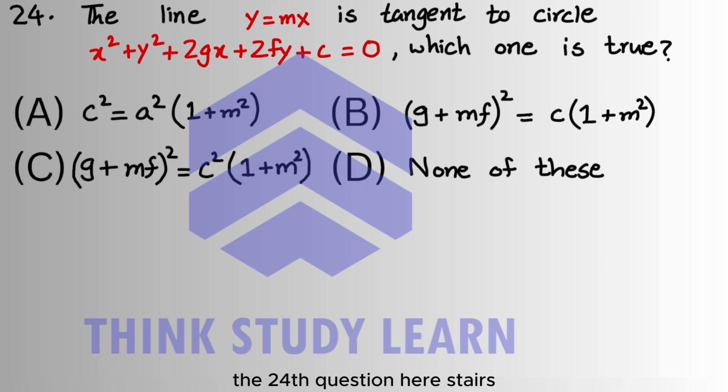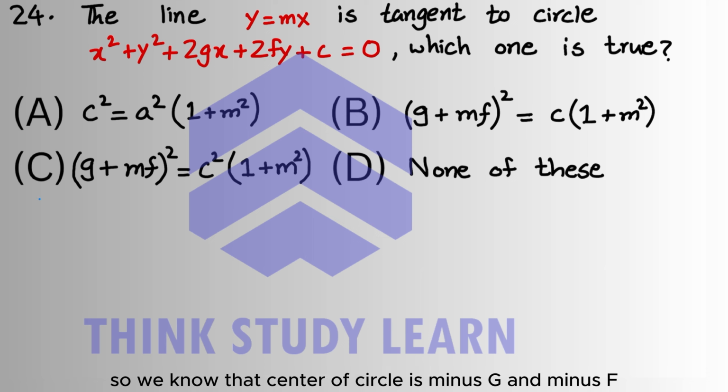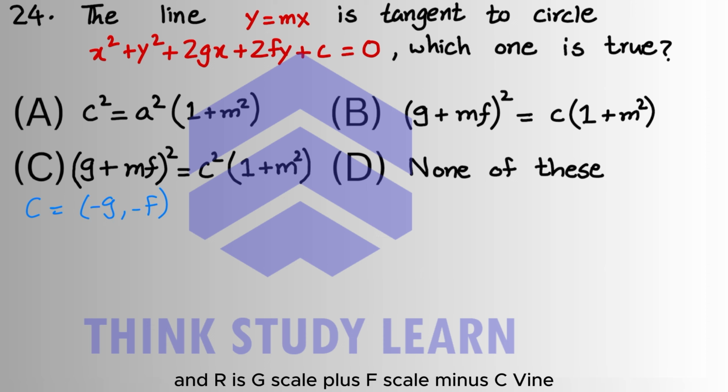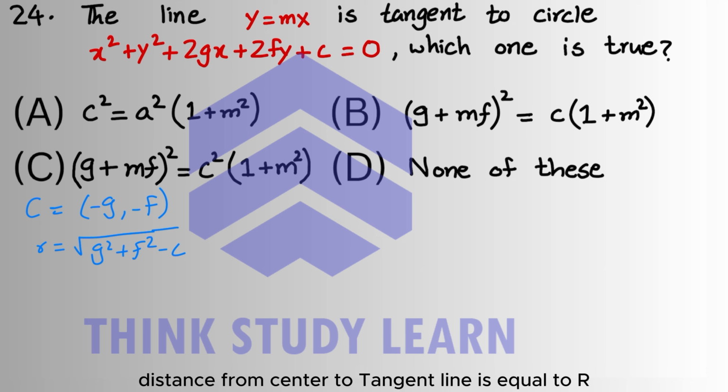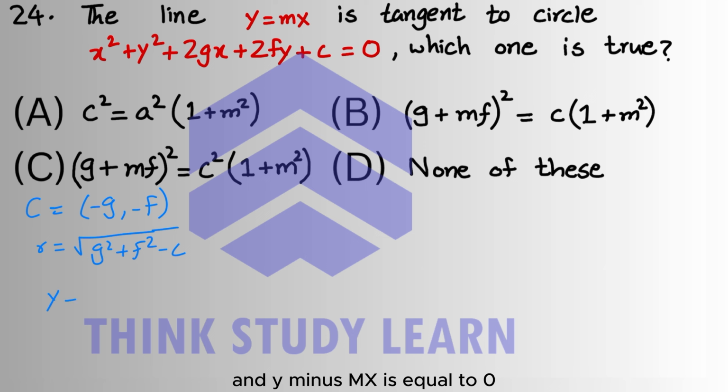The 24th question here states the line y is equal to mx is tangent to the circle x square plus y square plus 2gx plus 2fy plus c is equal to 0. Then which one of the following is true? So we know that the center of the circle is minus g and minus f, and r is the square root of g square plus f square minus c, while the distance from center to tangent line is equal to r, and y minus mx is equal to 0 is the line.